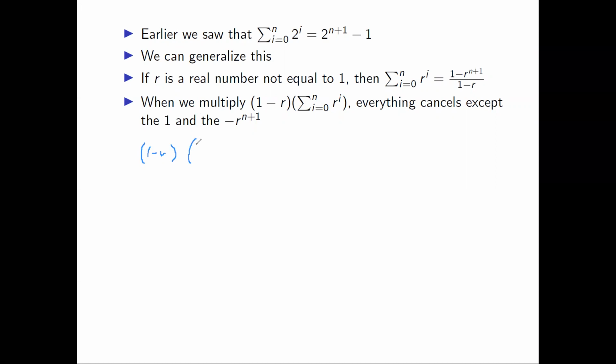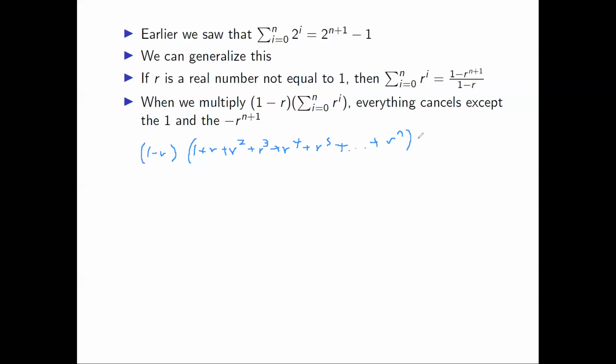So we get r to the 0, which is 1, plus r to the 1, which is r, plus r squared, plus r cubed. I'll write a couple more terms, and then we'll do a dot, dot, dot, plus r to the 4th, and then let's have at the end of that an r to the n.